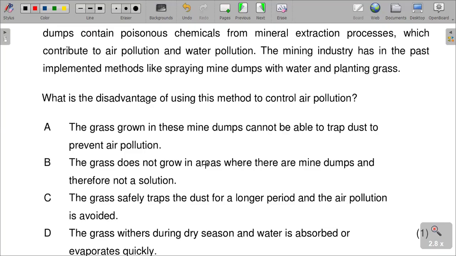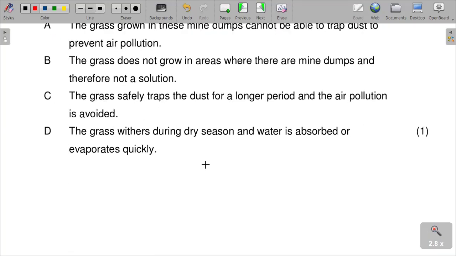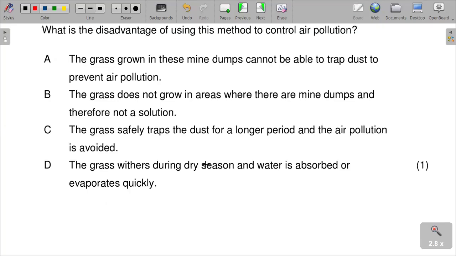So in terms of that, it can actually mean that the grass withers during dry season and water is absorbed or evaporates quickly. The grass withers during dry season and water is absorbed or evaporates quickly, which is D and can be correct.